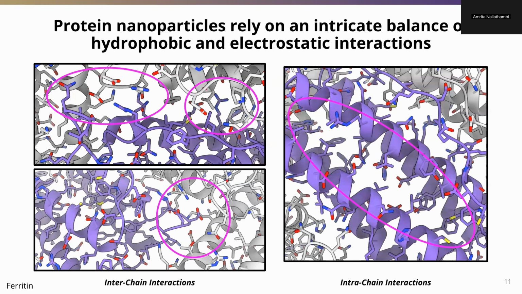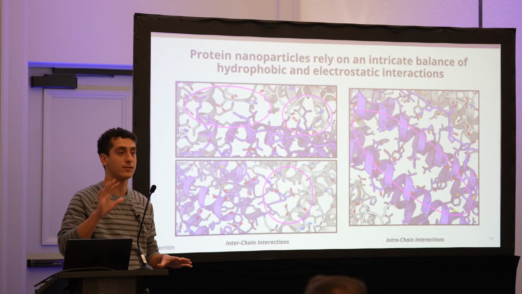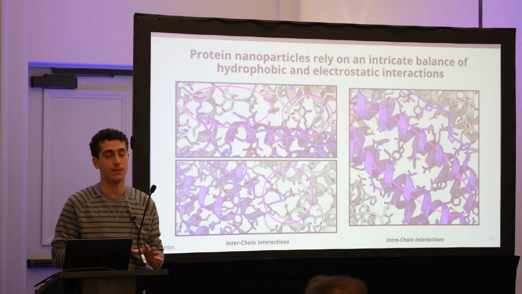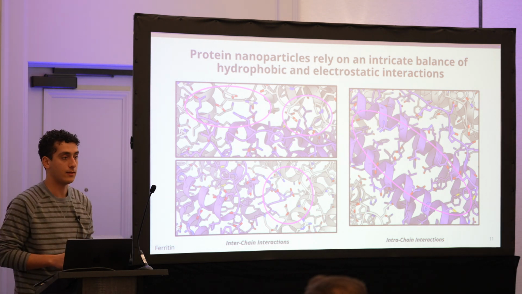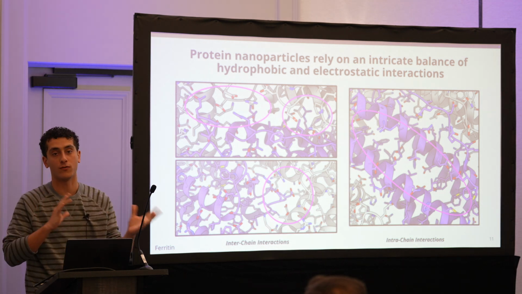And so you get a lot more of this hydrophobic interdigitation, this very sticky interaction that's happening in that hydrophobic core. And so finding a balance between hydrophobicity and polar, electrostatic interactions is really important when it comes to nanoparticle design, because there are issues if you go too far one way or the other.